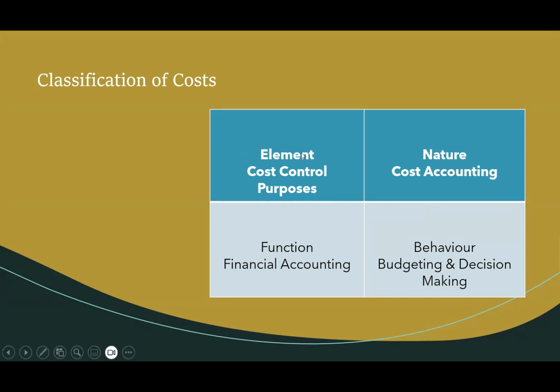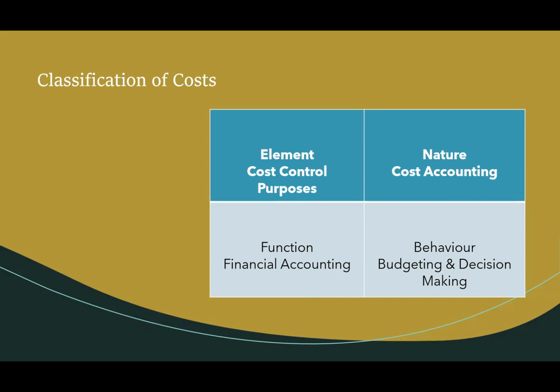Let's say, for example, element would be used so that you can control your cost. For cost accounting, you have to classify the cost based on its nature. For financial accounting and for external reporting, you divide the cost based on its function. For your budgeting and for taking decisions, you have to divide the cost based on its behavior.